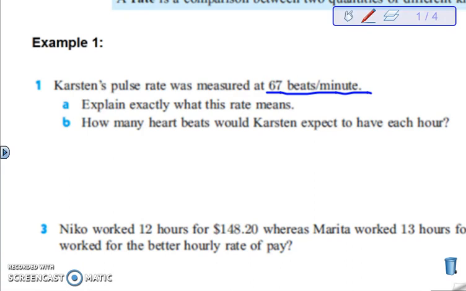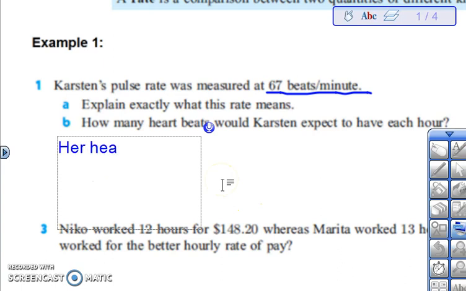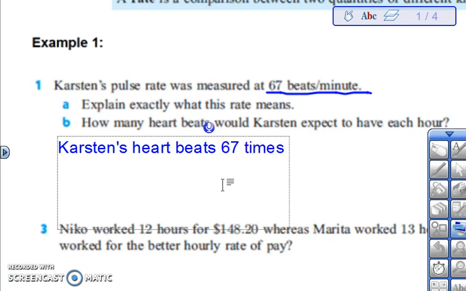Well, per meaning every time 1 minute transpires, her heart beats 67 times. So we can just say that Kristen's heart beats 67 times each minute.